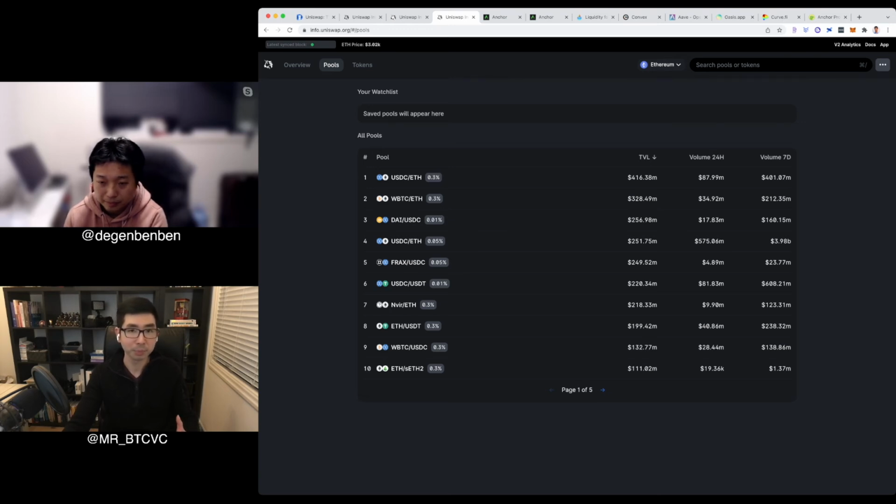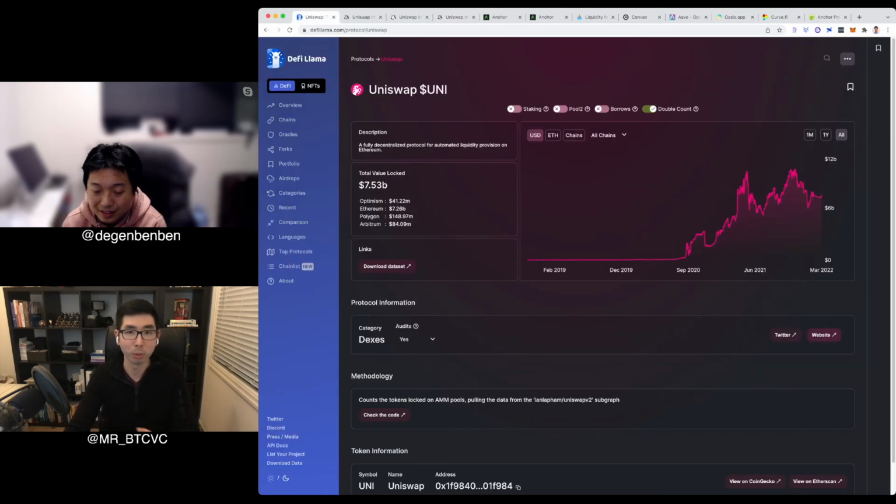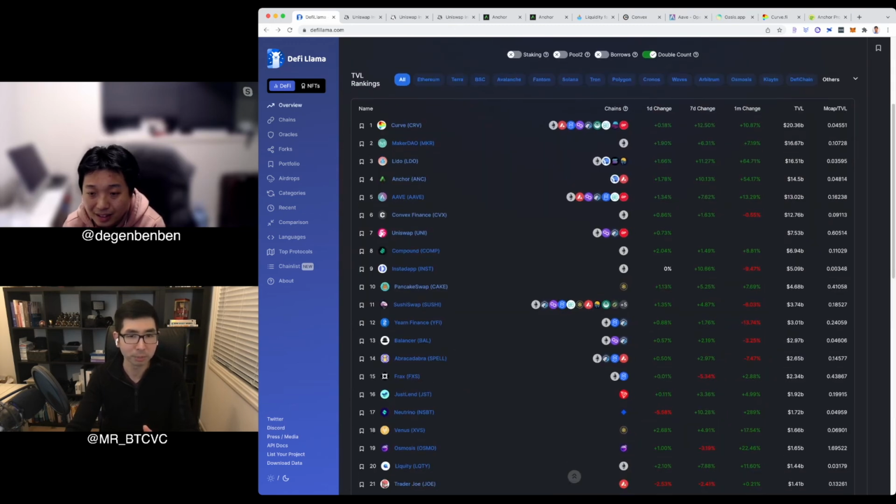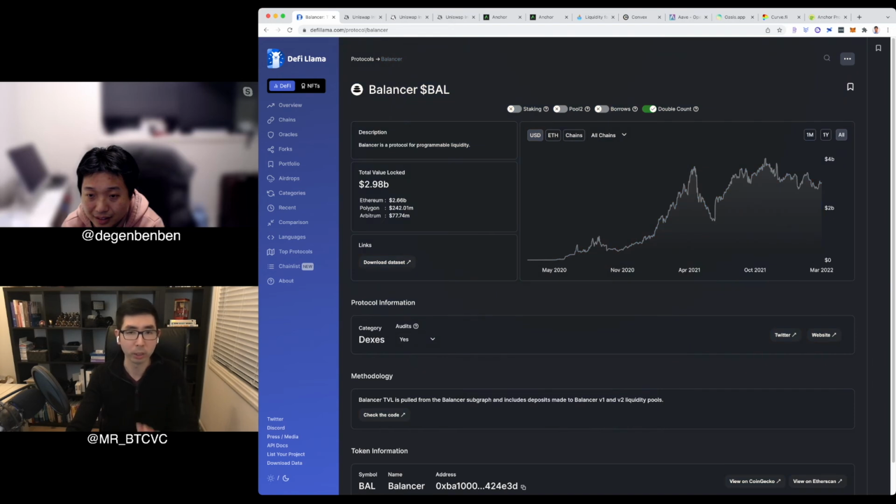There are different pools in terms of the ratio, and some will have less impermanent loss than others. So I think that is a good way to move on from Uniswap to something like Balancer. I'm not going to go into it too much because we've been looking at so many protocols, so this is like a speed round.